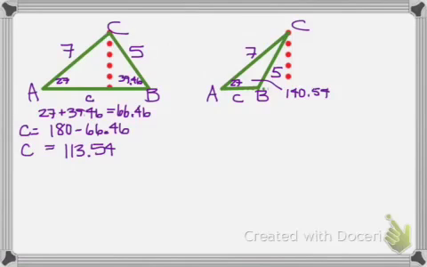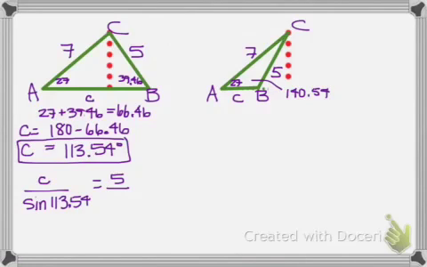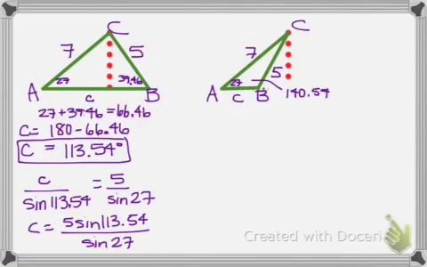So the angle of the first one is 113.54, and then we'll solve for the missing side by using the law of sines. So c over sine of 113.54 is equal to 5 over the sine of 27. So c is equal to 5 sine 113.54 over the sine of 27, so c is equal to 10.1.